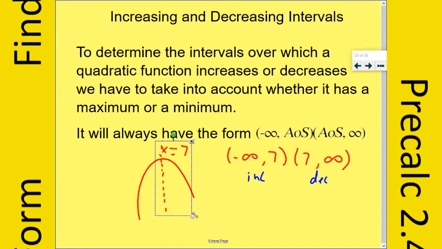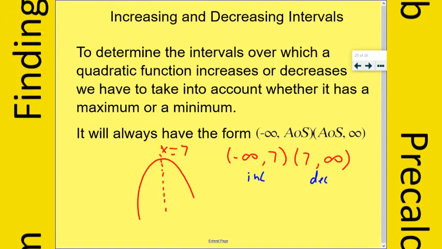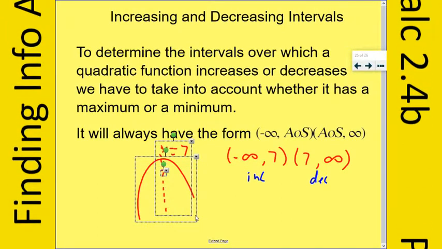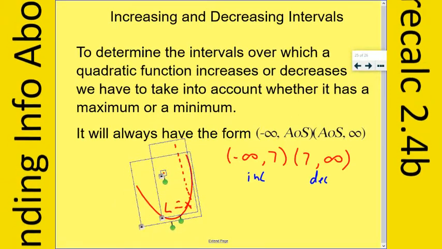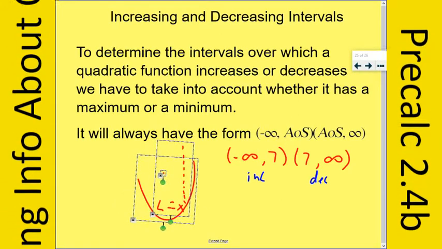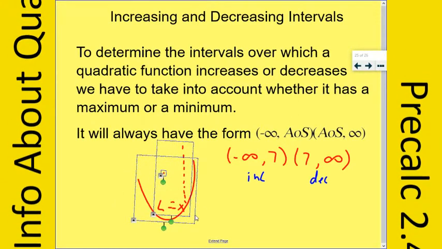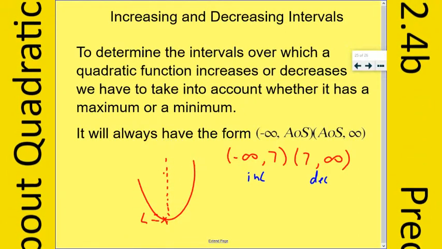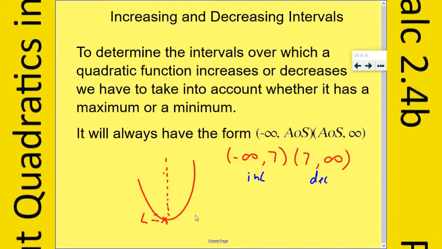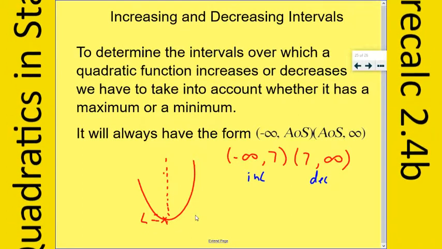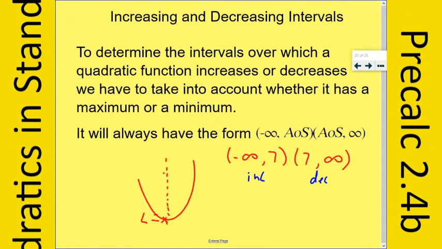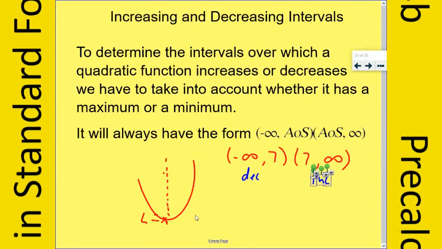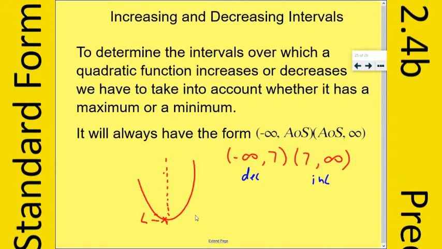So if we have this same sort of graph and we give it the old rotato potato, we still have our vertex at x equals 7, and it would look exactly the same, except it would now be decreasing from negative infinity to 7 and increasing from 7 to positive infinity.